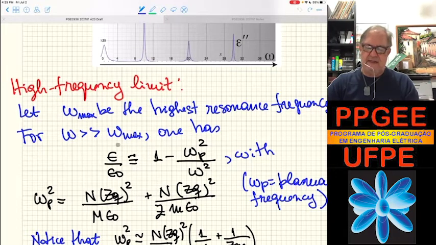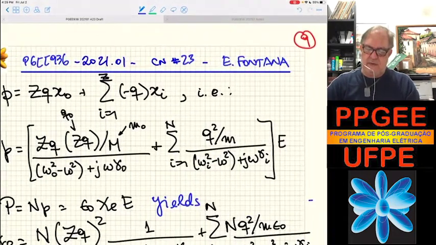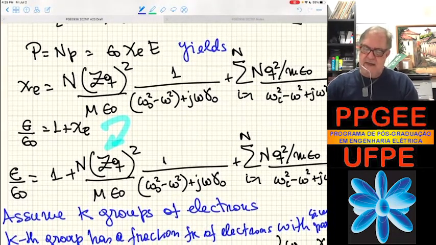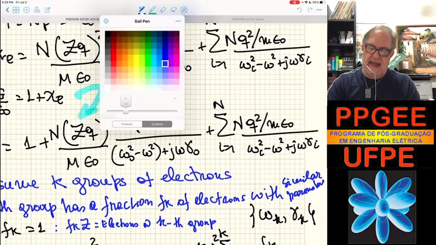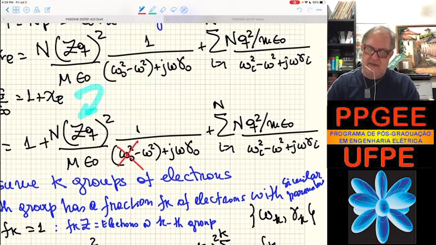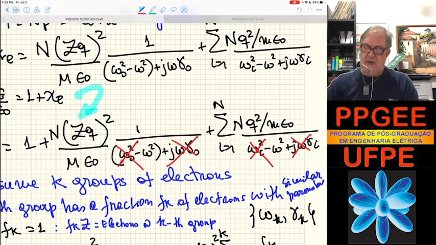We apply a frequency that is much larger than the maximum resonance frequency. So what does it mean? We're just looking at the expression here. Omega dominates the denominator, so we can neglect everything that's not related to omega. Omega squared dominates, so this goes away, this goes away, and we have an omega squared.